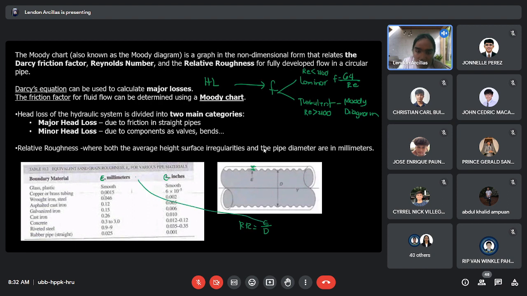So ang epsilon, magdedepende dito sa type ng material. It is the grain roughness, and D is the diameter of the pipe in millimeters. Of course, this is in millimeters, right? So ang value ng relative roughness is unitless.